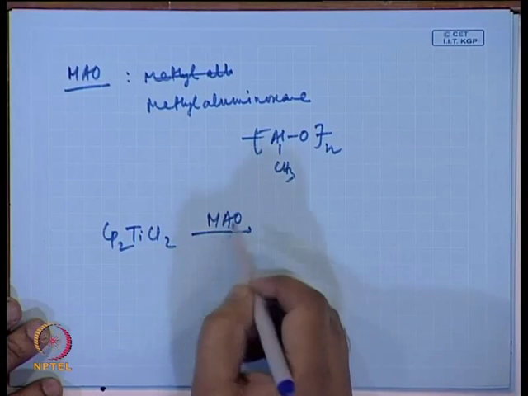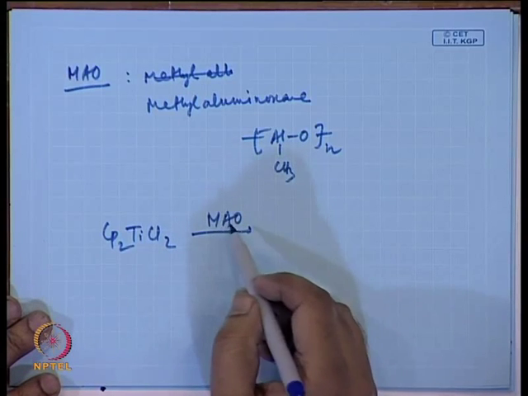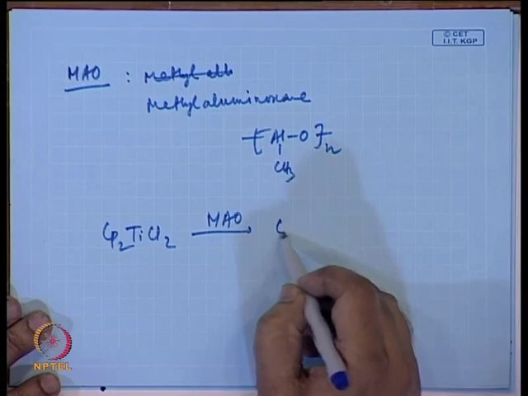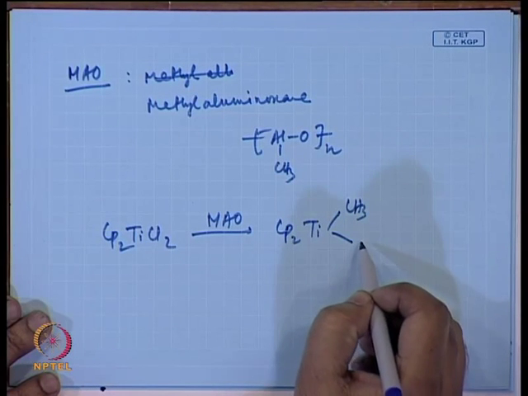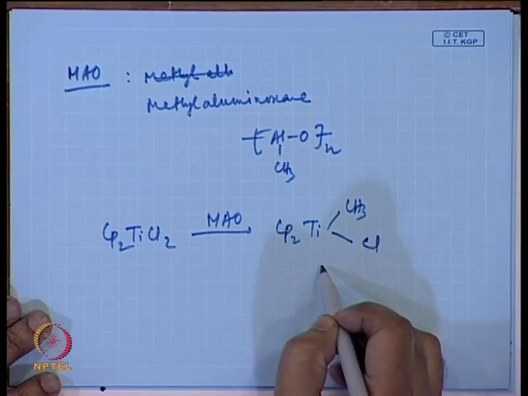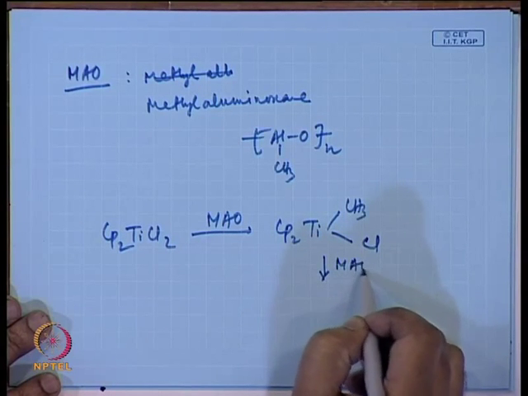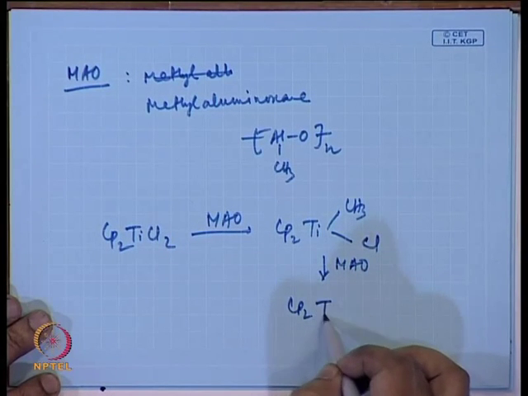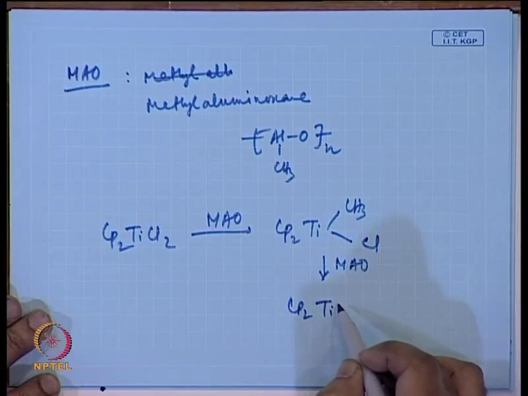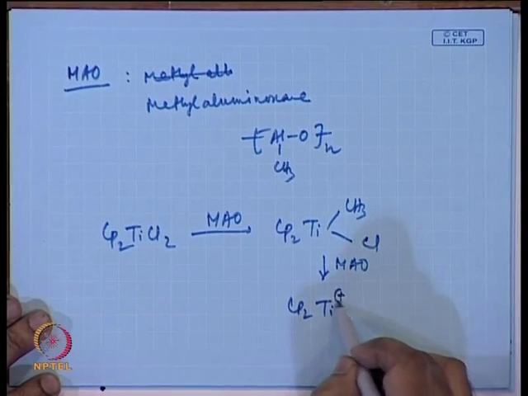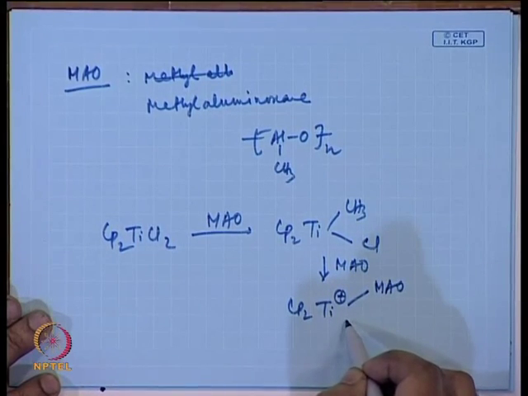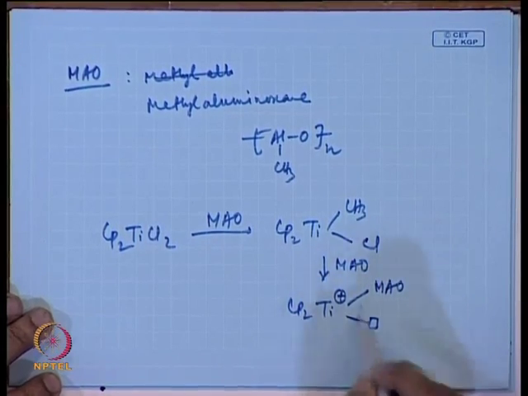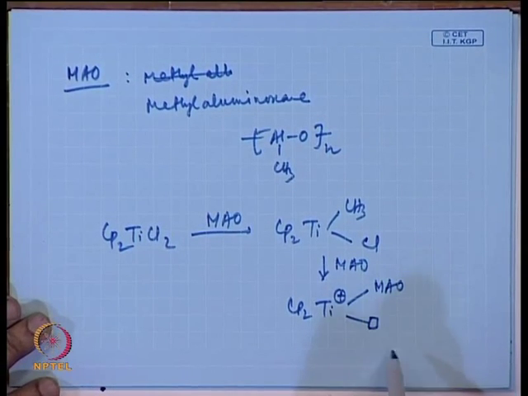MAO actually does two things. First, it alkylates the metal and then abstracts one halogen and forms a metallocenium cation, which generates one vacant orbital.